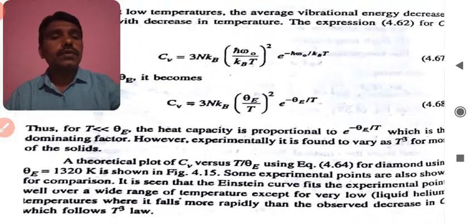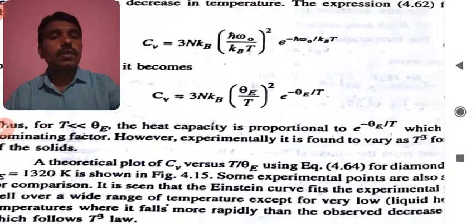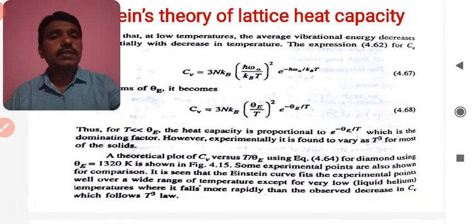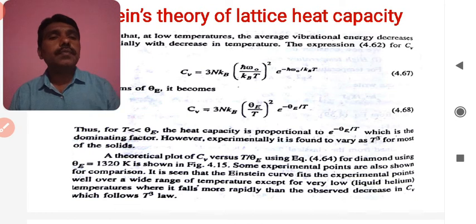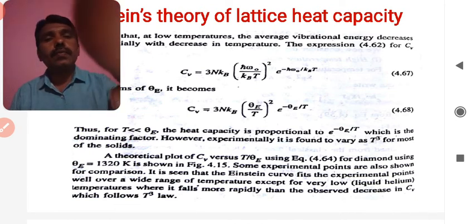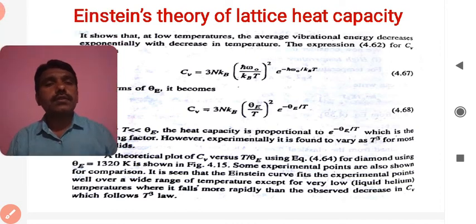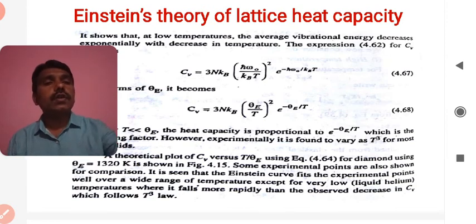So as far as the theory is concerned, it is not necessary to get the plot for that. So this is for the lower temperature and the higher temperature, how the Einstein temperature and the specific heat at constant volume change according to the Einstein theory.